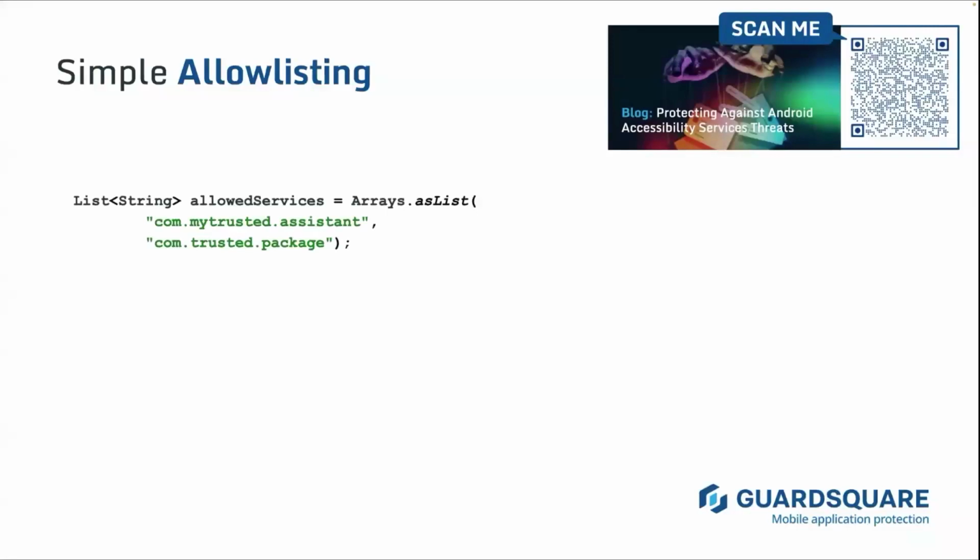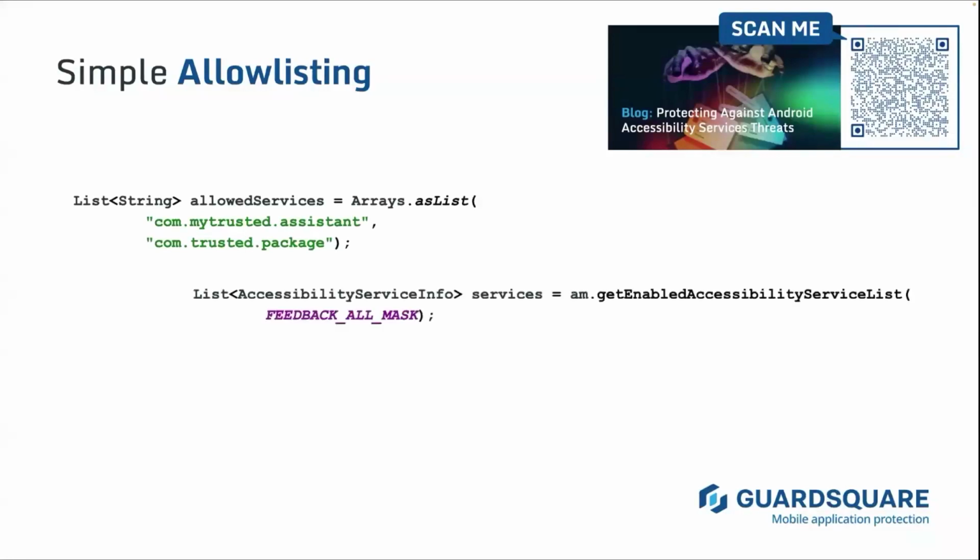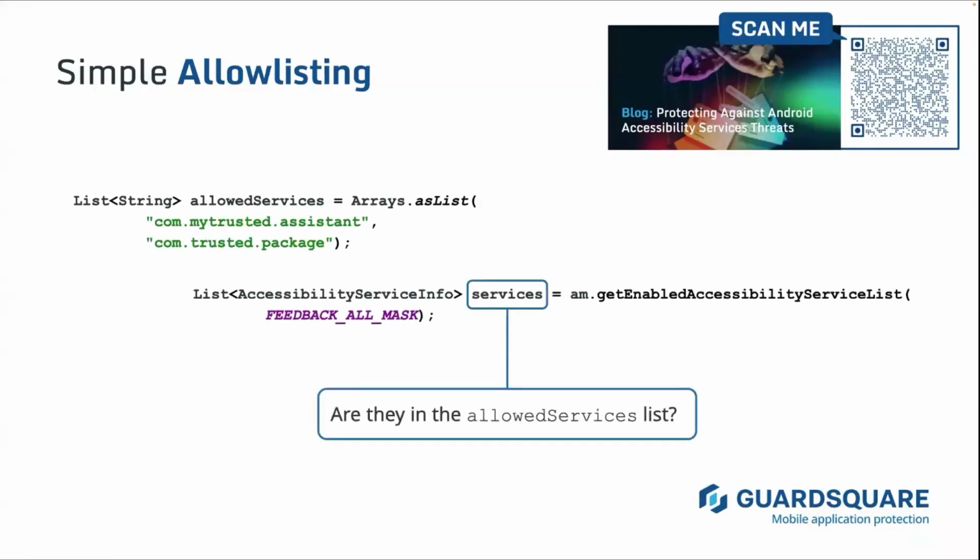So the first strategy is just to use an allow list. We could define some applications that use accessibility that we trust. So what we could do is just get a list of all those accessibility services that are enabled and check if they are on the list or not.